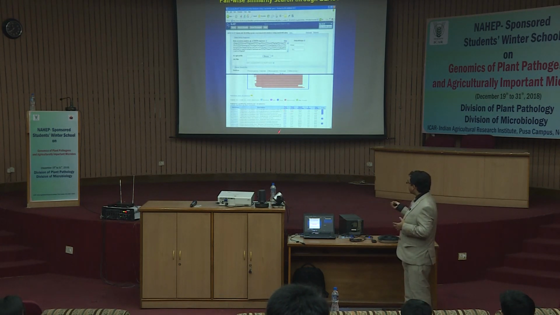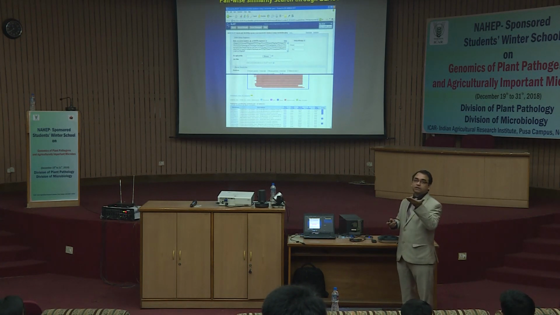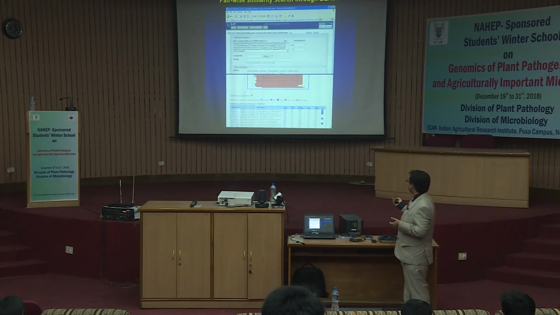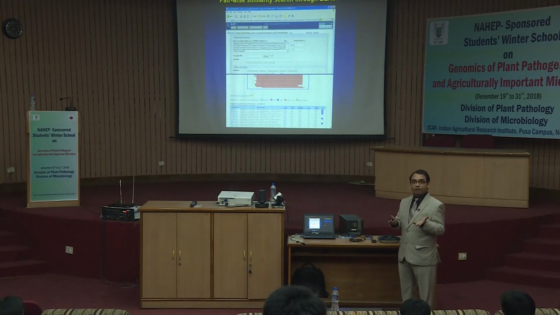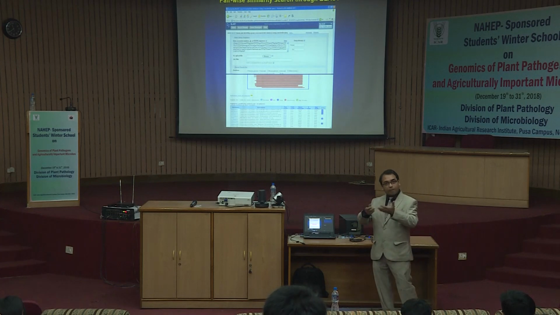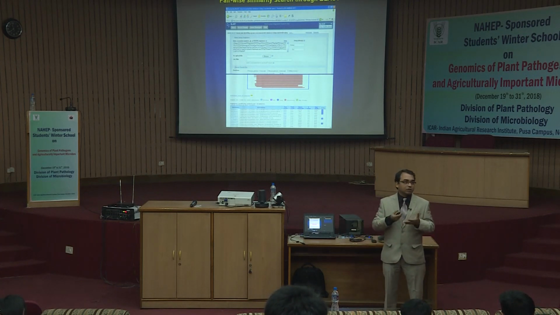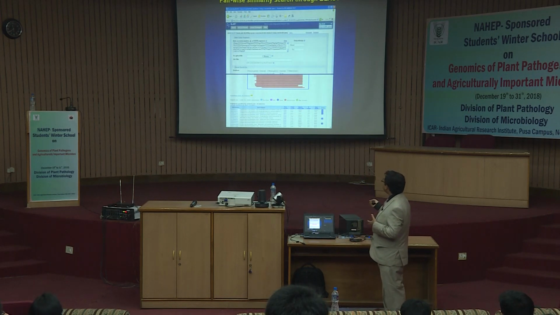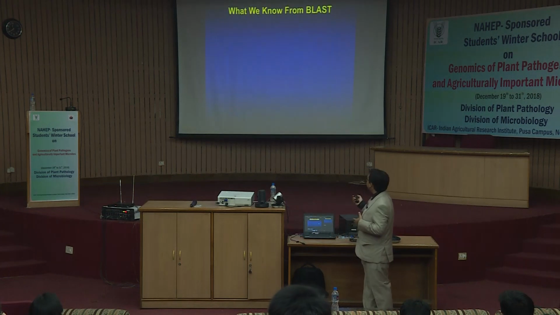Based on the score, they have organized which one will be the highest score. That means this has the most similarity with this particular sequence. And the E value, if it is 0 it means the exact sequence you have, and if it is low, that means it is more probable that this sequence has homology with that sequence. So, this is the result which BLAST will actually show you.